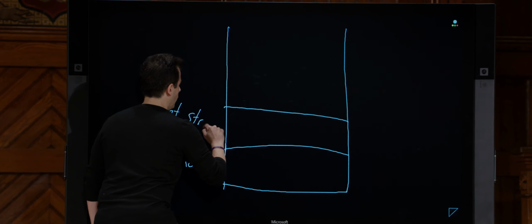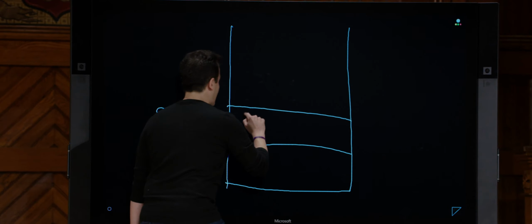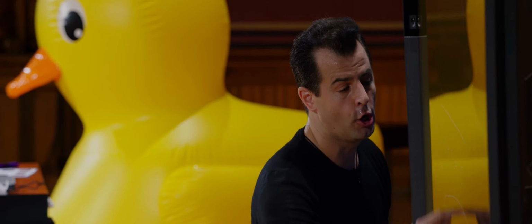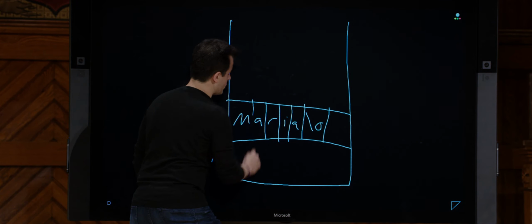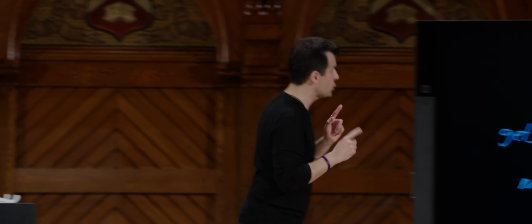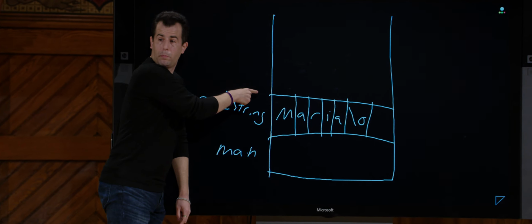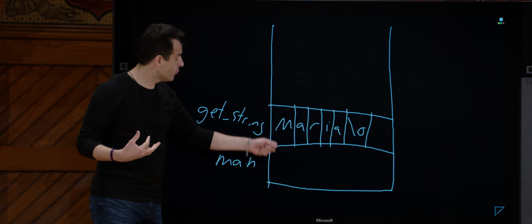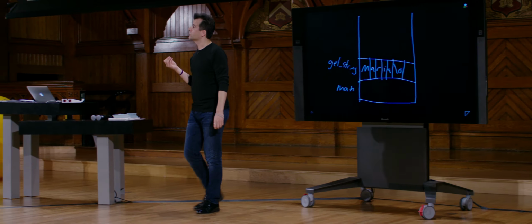And if Maria or I go ahead and type in her name, that's like allocating space for MARIA \0. And you can think of this as just being a whole bunch of bytes in that frame. So they do exist, and they literally are stored in memory. And I could return the address of this first byte, whatever this is. Maybe this is byte 10 or 100 or whatnot. And I could return that address to main as getString's return value.